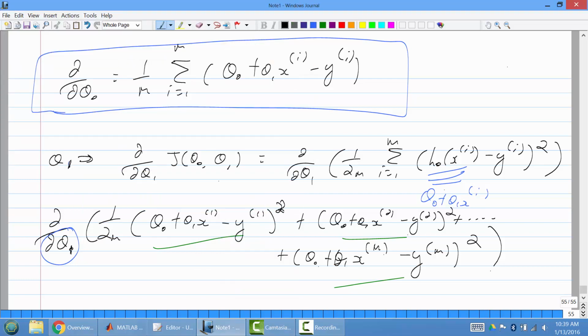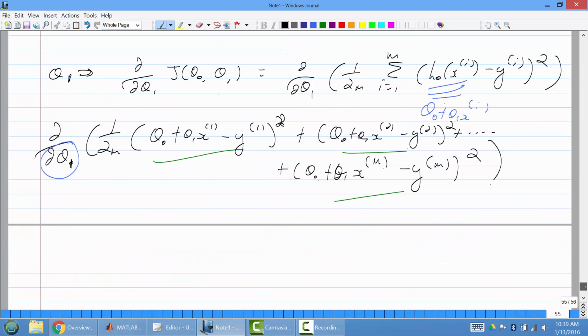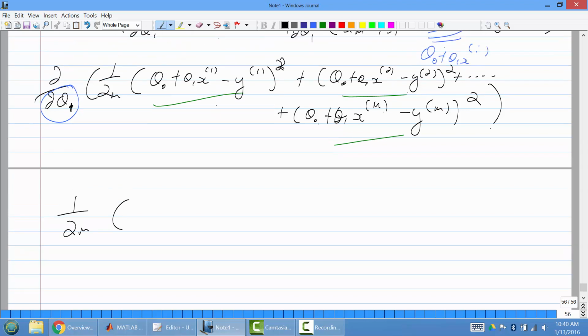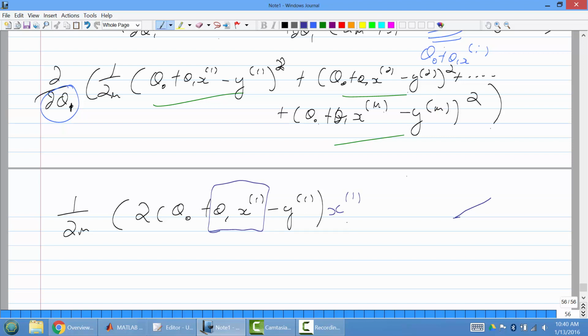Okay, so now we're going to follow the same logic. So you have 1 over 2m, and if you take a look above, it's the same thing, so you have 2, and all this stuff again. Now you're differentiating with respect to theta 1, so all the other variables are constant, except for this one. When you differentiate with theta 1, you get x1, and then you keep going.